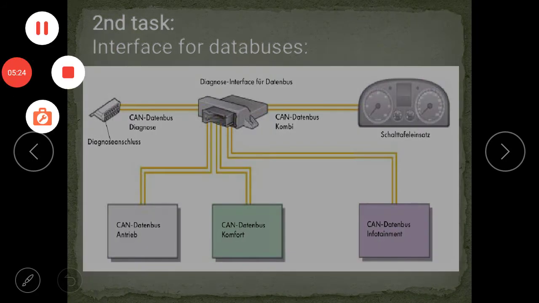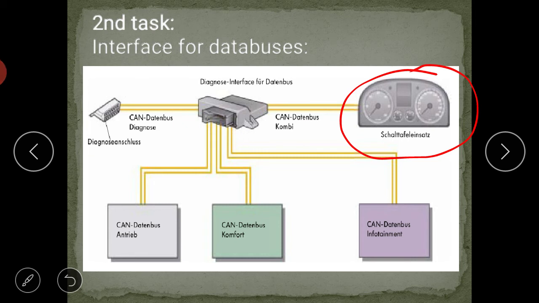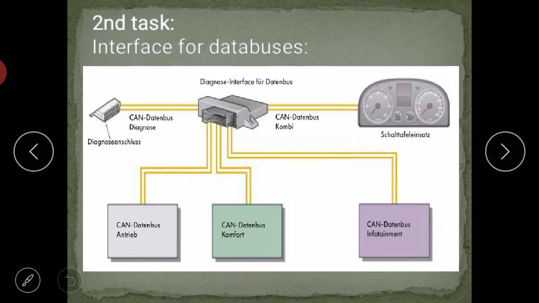Suppose we have the instrument control unit, the AC control unit, the infotainment control unit, the comfort control unit. We have different control units, and these are connected to a common interface, that is the gateway interface. All the information is passed through this interface, and if one wants to shift from one database to another, that operation is also performed over here.